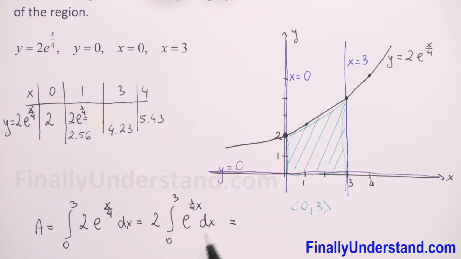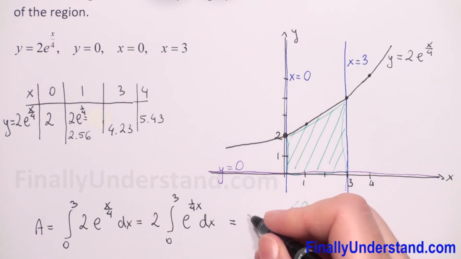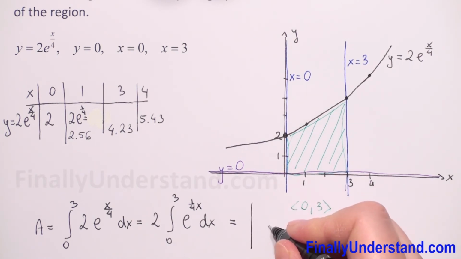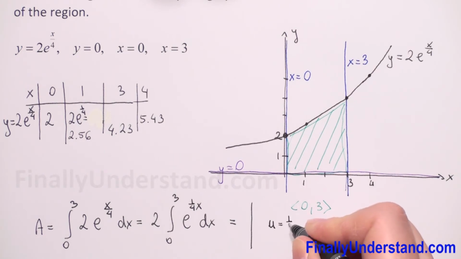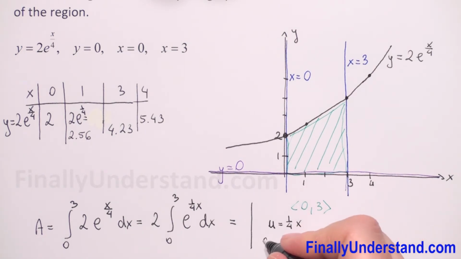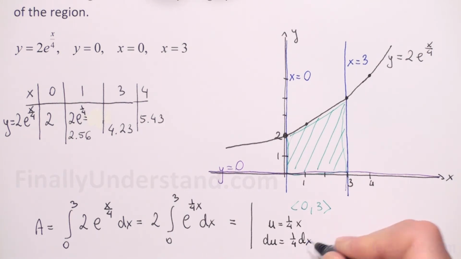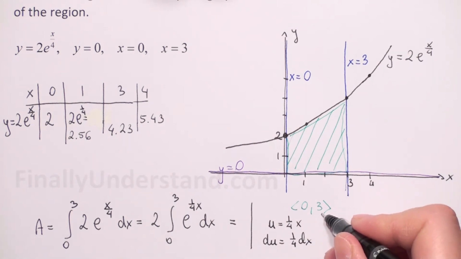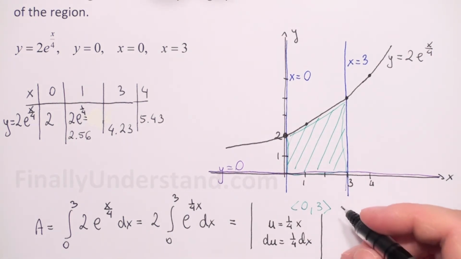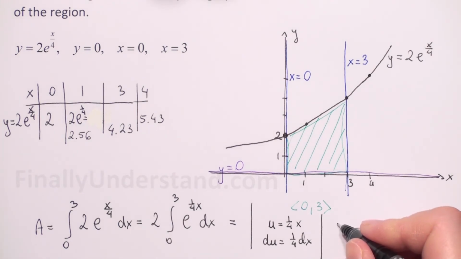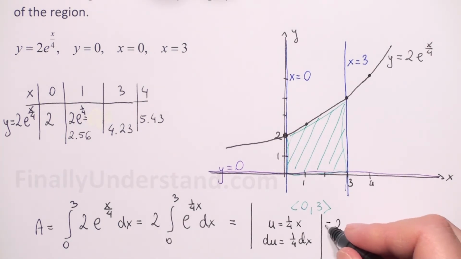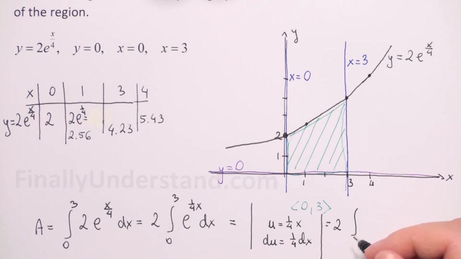So we can use the substitution method to solve this integral. Let u be equal to 1 over 4 x. So du is equal to 1 over 4 dx. So our function will be 2 times the integral. I don't change the limits, so at the end I have to come back to our substitution.